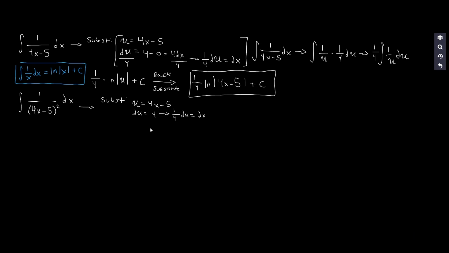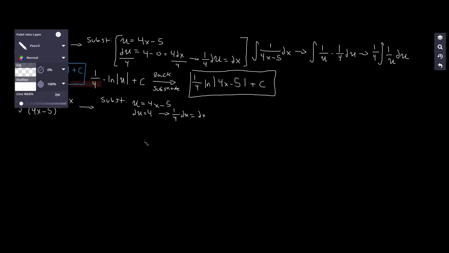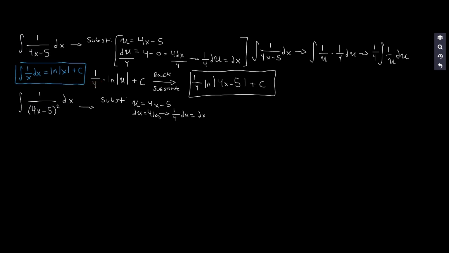Let me just go ahead and write in our dx. So now what we'll do is we'll just apply our substitution. And we're going to have 1 over u squared times 1/4 du. And then just like before, we're just going to factor out that 1/4.